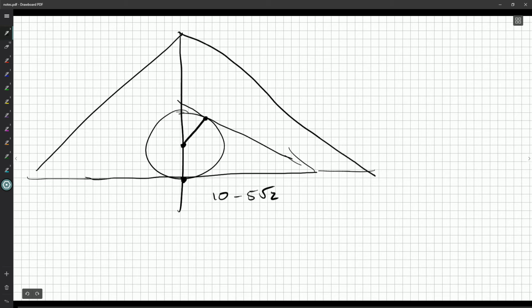And points of tangency are perpendicular when you connect them up by radii. So that's definitely a thing. And this distance would then be 5. So I would make this distance 5. And using, again, some circle geometry, then this must be 10 minus 5 root 2 as well.